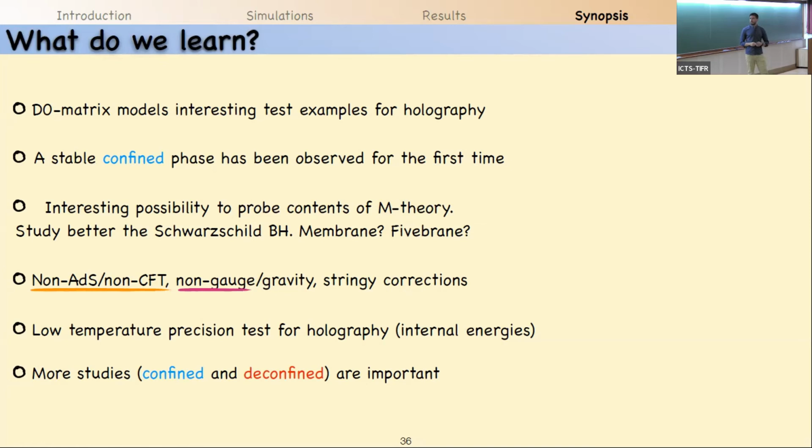The last thing is that we have made a precision test for holography at very small temperatures, building more and more trust for the idea of holography or gauge-gravity duality, specifically again in these matrix models. But of course, more studies are important to understand what is precisely going on. Thank you.